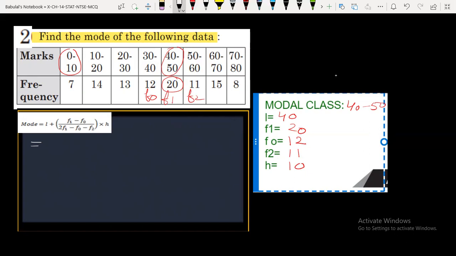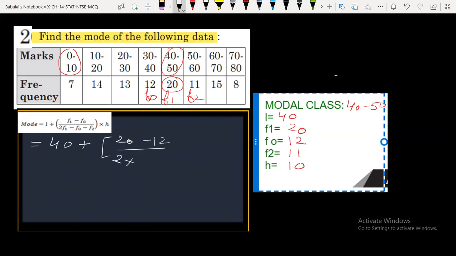Mode is equal to L plus bracket F1 minus F0 divided by twice of F1 minus F0 minus F2 into H. So lower limit is 40 plus F1 is 20 and F0 is 12.